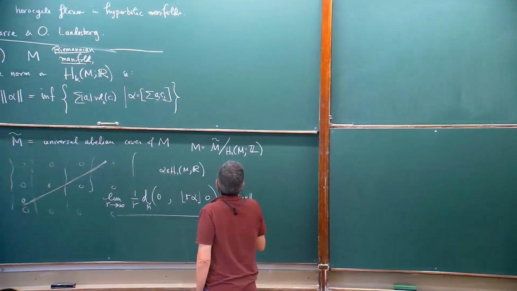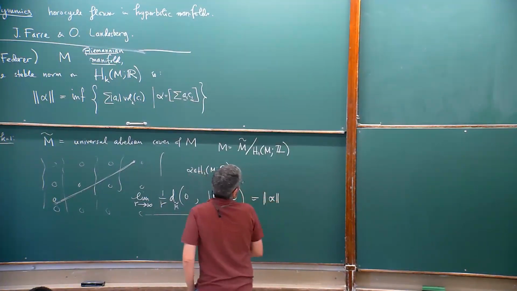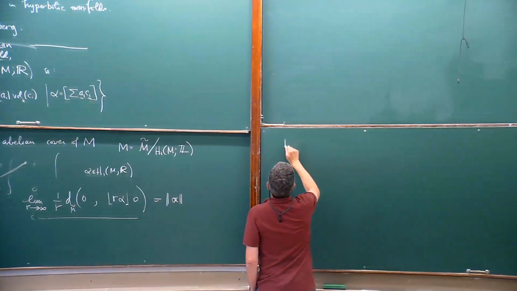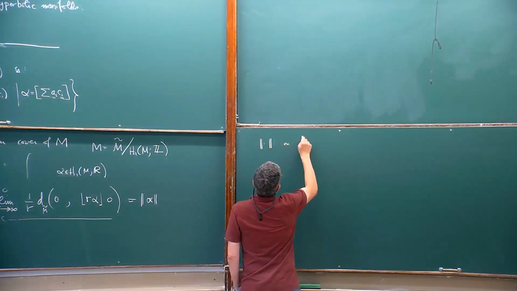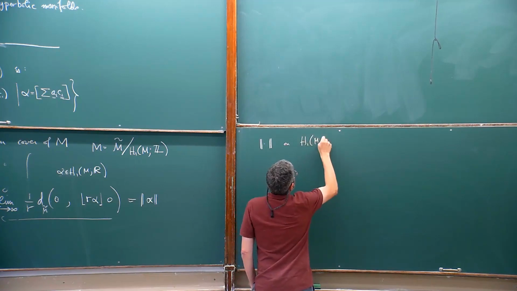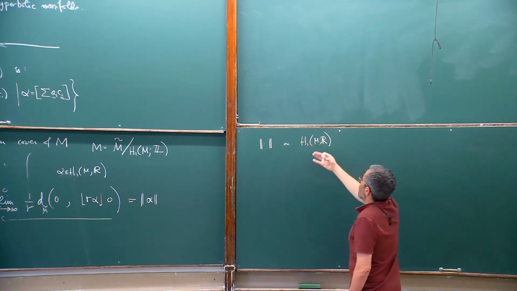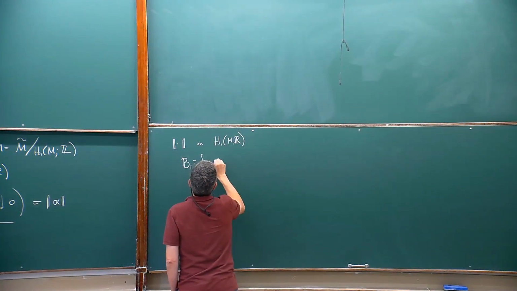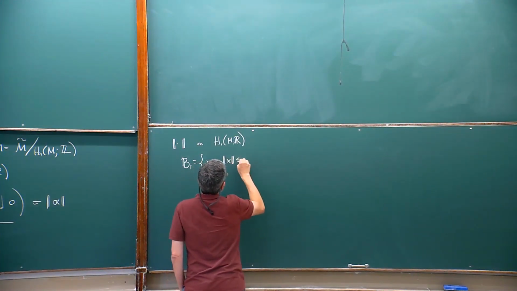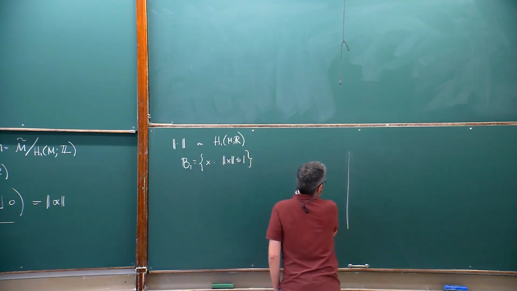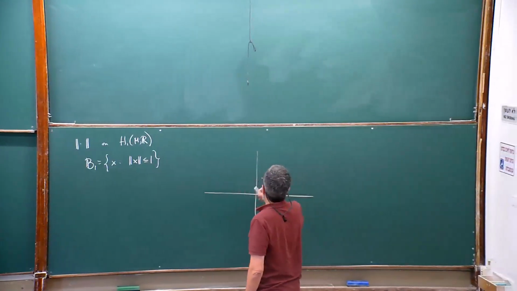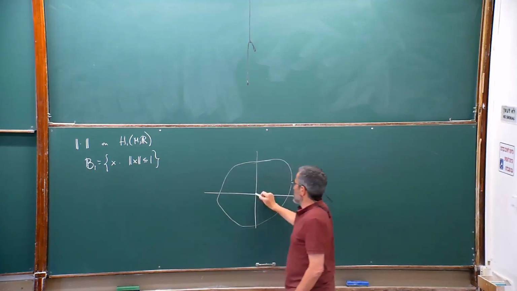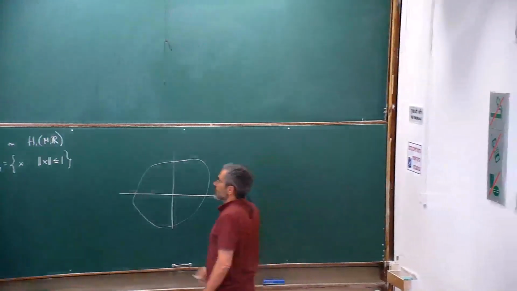Okay, but we could also look at, I guess maybe I'll just start with the abstract picture. So if you look at this norm on this vector space, what does a norm look like? It has a unit ball, right? So let B1 be all the elements with norm less than or equal to 1. So there's some picture, well, we don't know, right? Some convex symmetric ball in the plane is the unit ball.